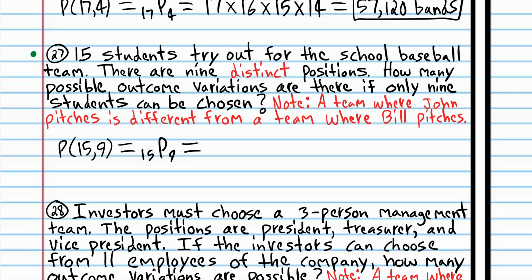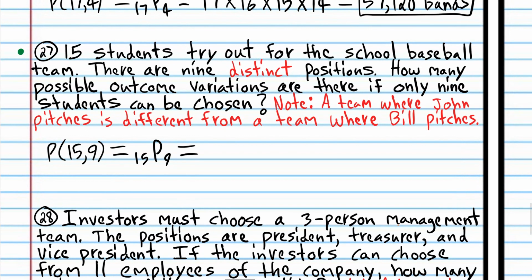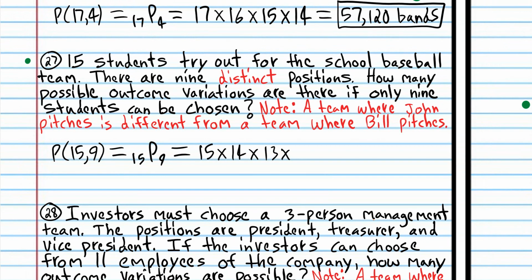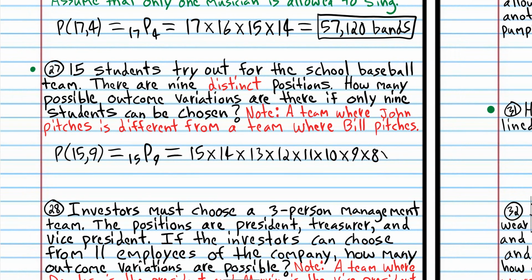So how many different players do we have for the first position? Well, there's 15, and then 14 left for the second position that we're going to choose, and so on and so forth. So there's 9 total positions. So 1, 2, 3, 4, 5, 6, 7, 8, 9.